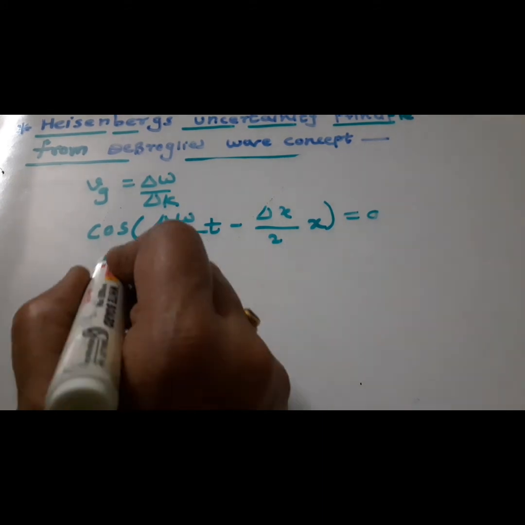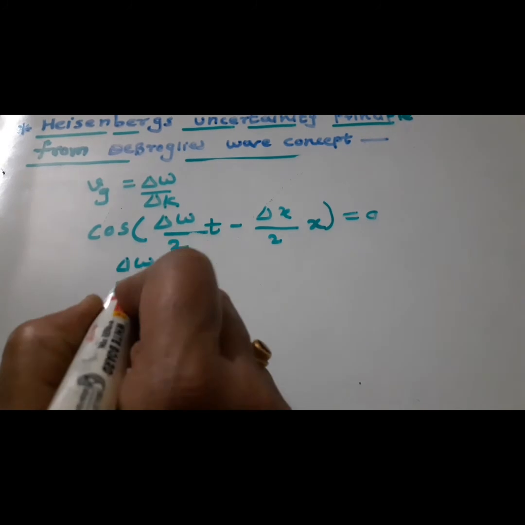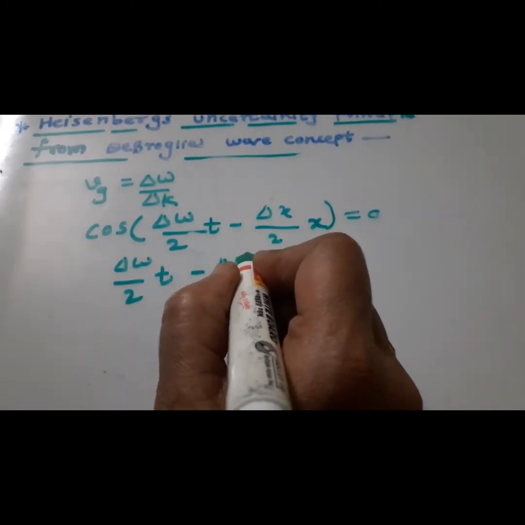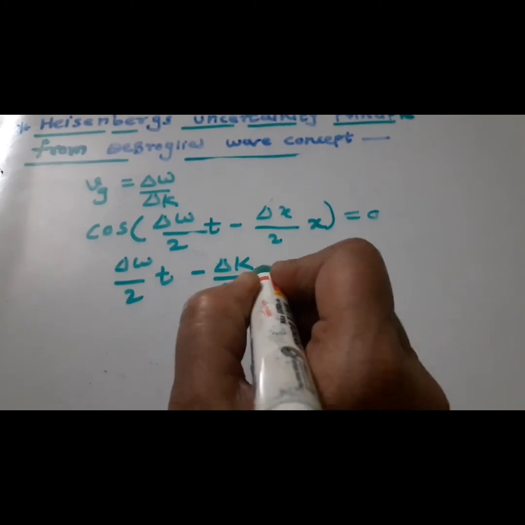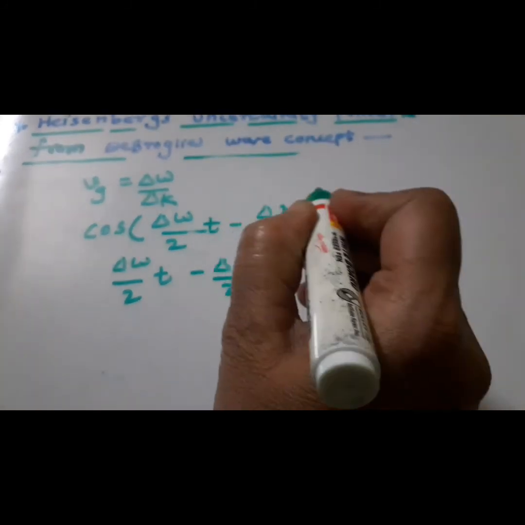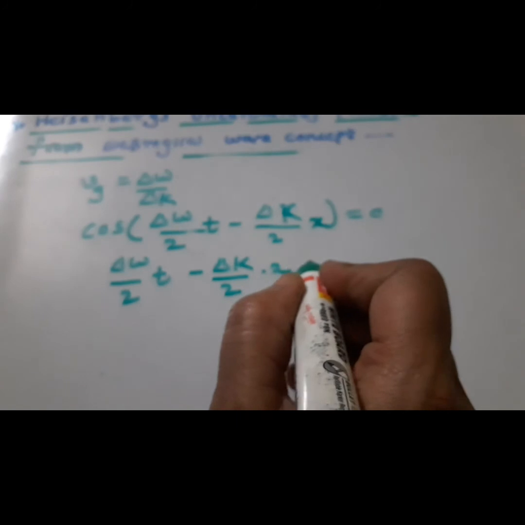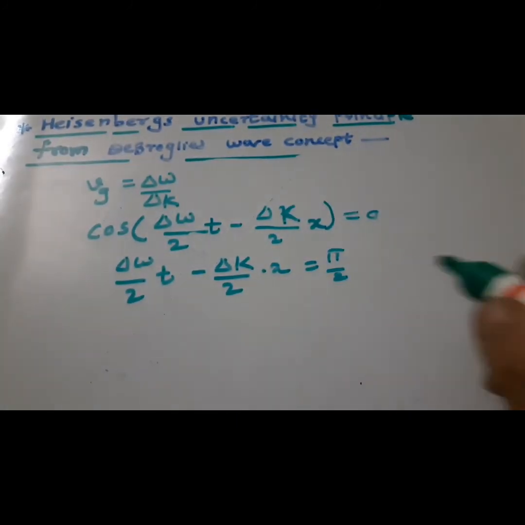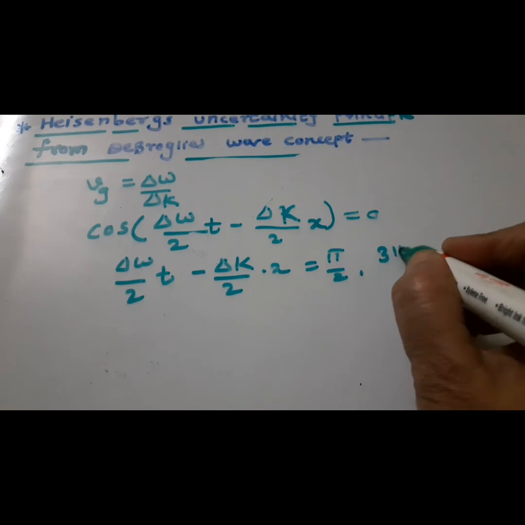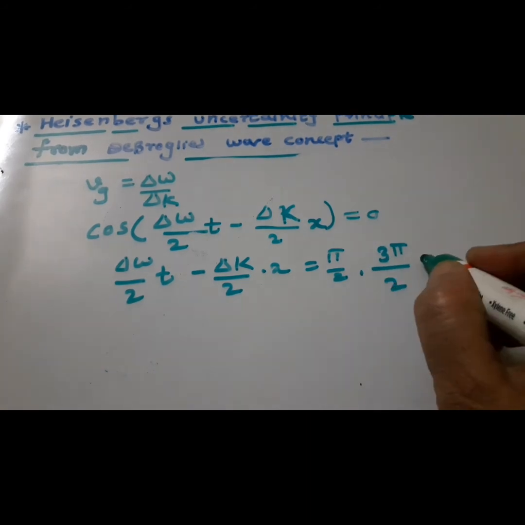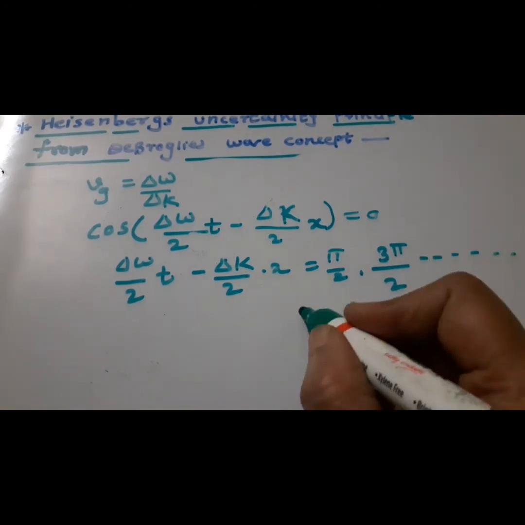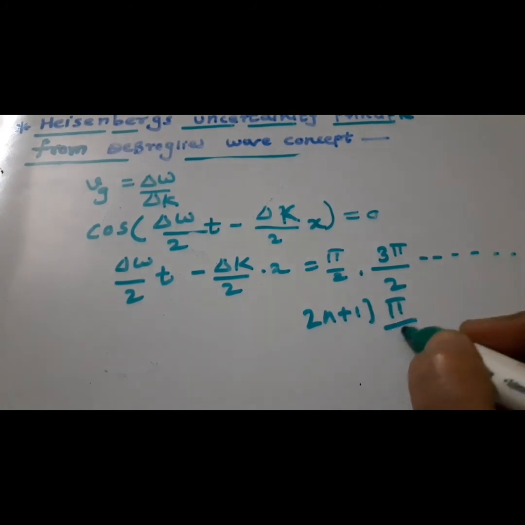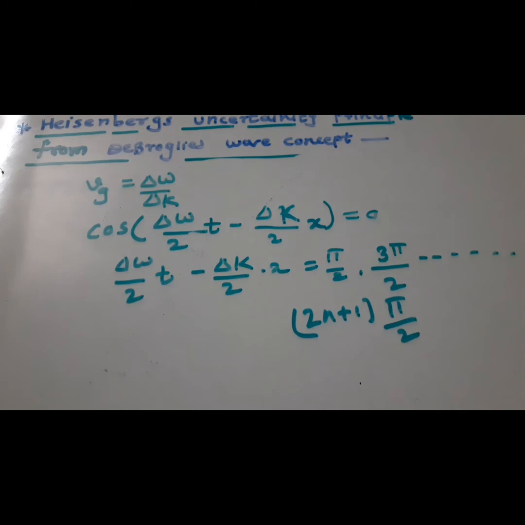Now delta omega divided by 2 into t minus delta k divided by 2 into x is equal to pi by 2, 3 pi by 2, ... 2n plus 1 into pi by 2.